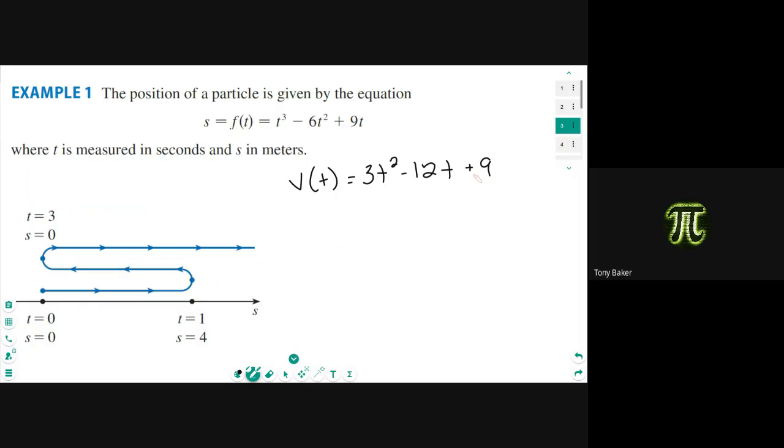All right. So the next question: what's the total distance that this particle traveled in 5 seconds? How would we figure that out?